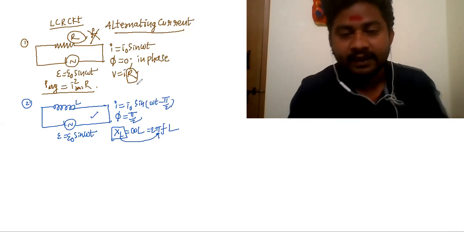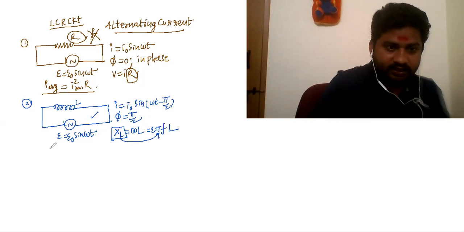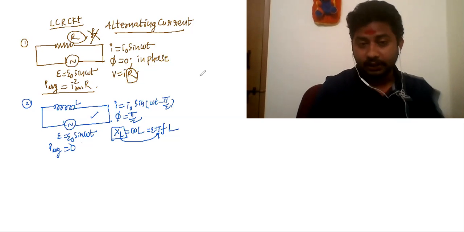All right, clear? One more thing, in this case, the average power associated with this circuit for a complete cycle is 0.